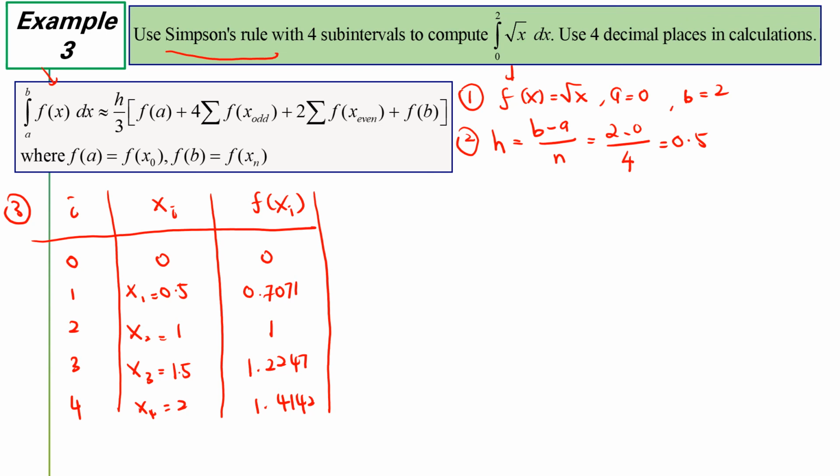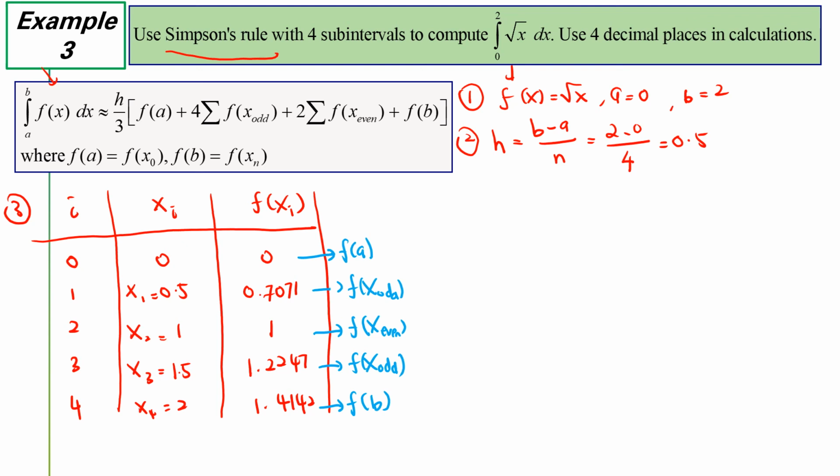So x0 is f(a), and x4 is f(b). x1 is f(x odd), x2 is f(x even), and x3 is f(x odd). Now you can substitute in the formula of Simpson's rule.